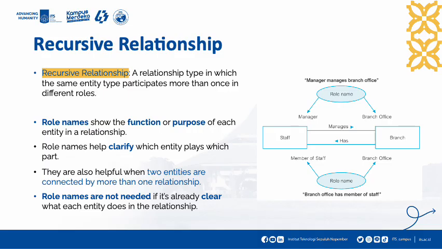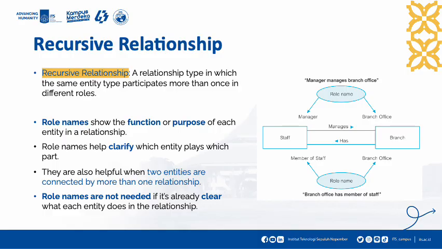The next term I want to introduce to you guys is called recursive relationship. This is a relationship type in which the same entity type participates more than once in different roles. So here we have some role names. Role names show the function or purpose of each entity in a relationship.